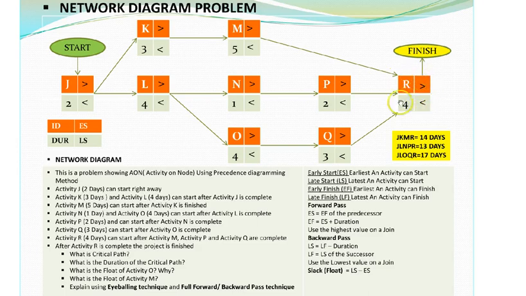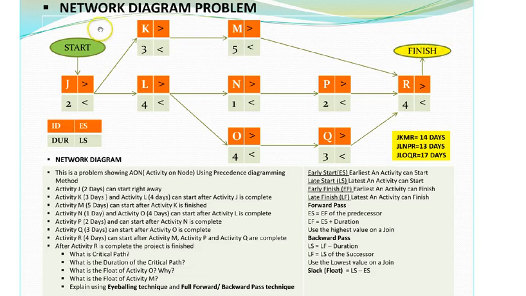To finish R, I have to complete P, which is an arrow from P, Q, which is an arrow from Q, and M, which is an arrow from there going to R. So this finishes the network diagram, because after activity R I am done. I'm done with placing all the activities in the process.